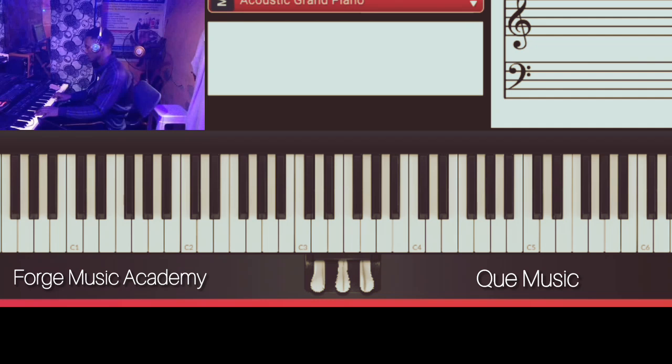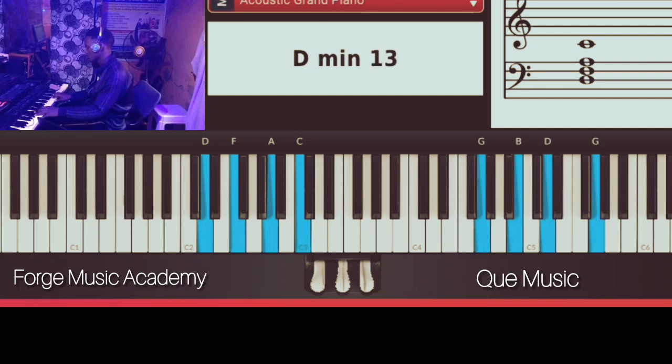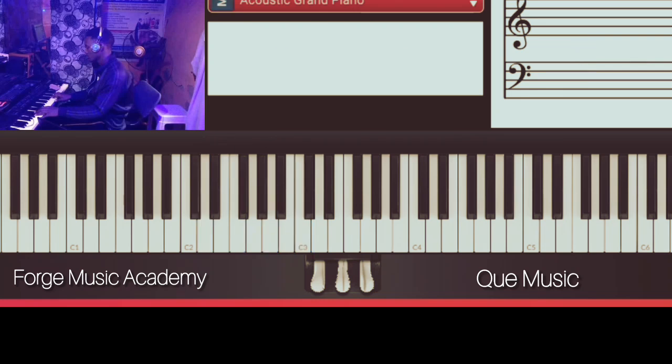Now what will happen is I will make inversions with them. So let me look for an inversion that is easy, instead of me jumping from G major, D minor 7 to this. Let's look for something that is easier. So if I'm using this inversion, to make my G major 7, I'll do this.